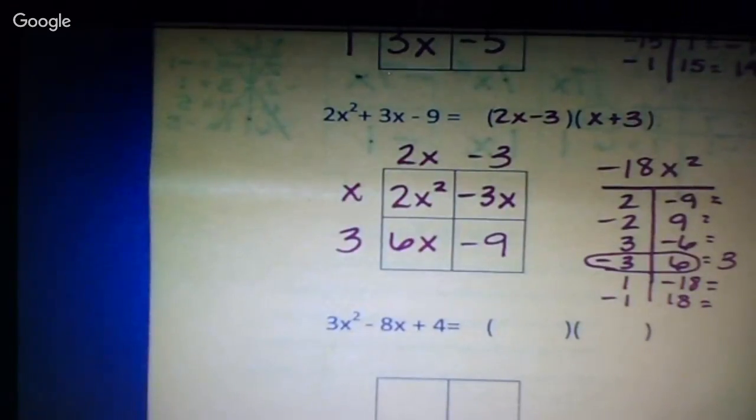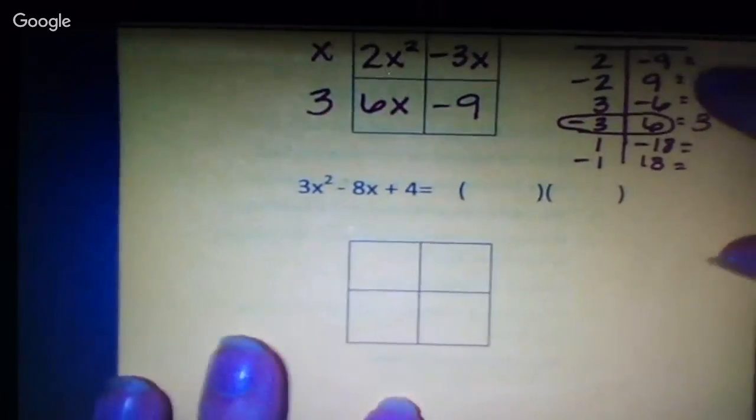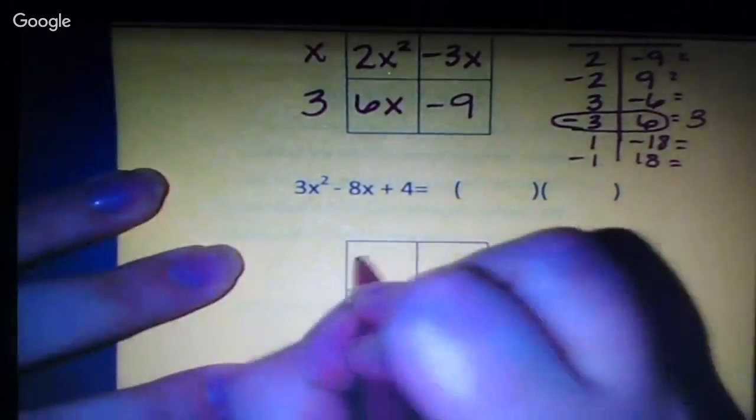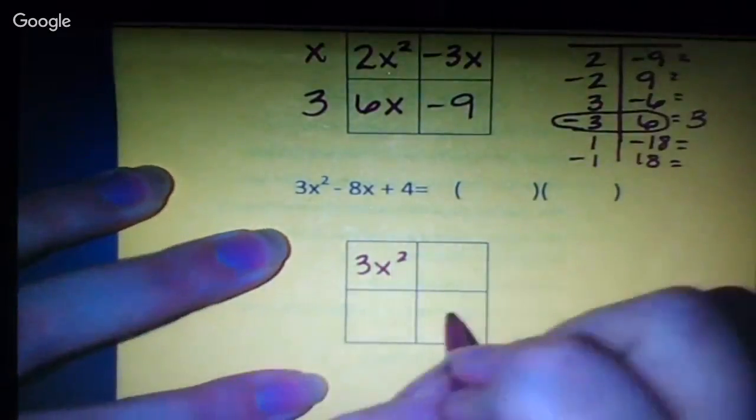Okay, hold on. Rebecca has a good point. So she went through and said, no GCF, right? So then she said, I put 3x squared here and I put 4 here.